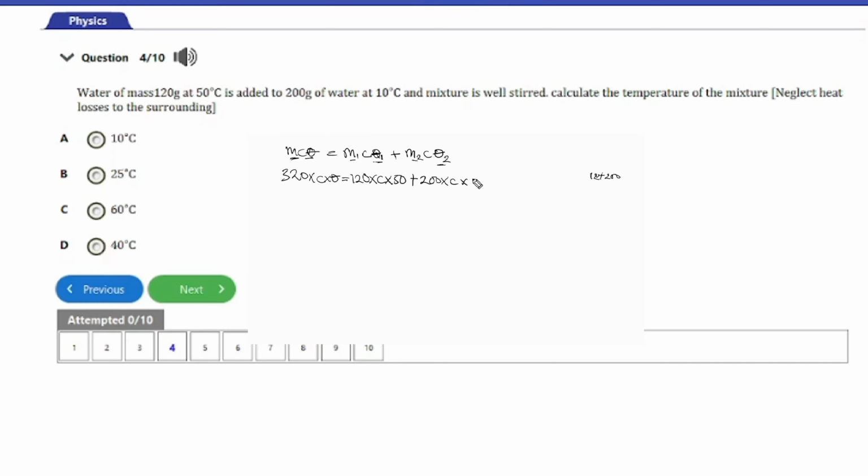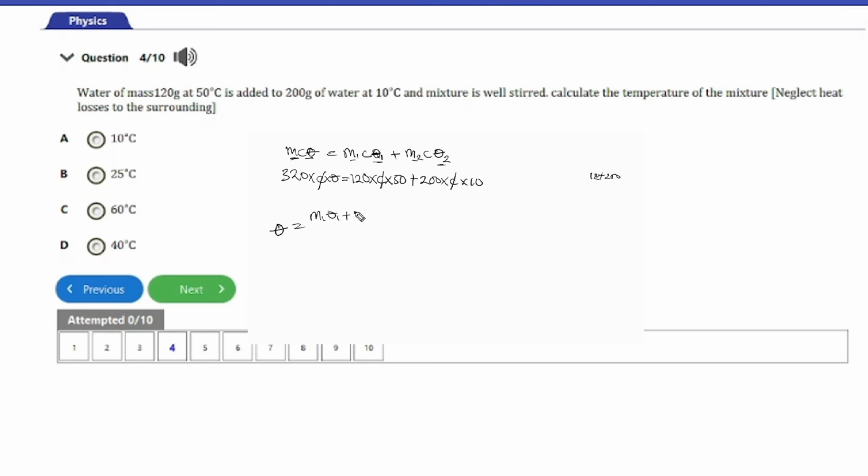Noting that C is common here, we can cancel out the C's, then solve for theta. So theta will now be m1 theta 1 plus m2 theta 2 all over m.